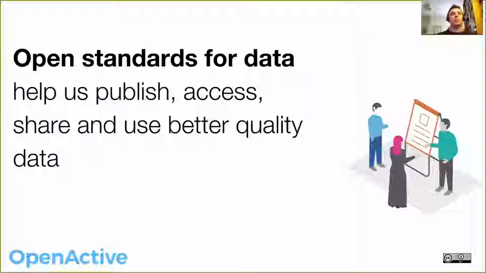Without that, we would be struggling to deal with many different data formats and different data models that are based on decisions that people have made about how to build their own systems. And what we're trying to move towards is a world where the community has come to some agreement about the best way to publish and structure data so it can be useful for as many people as possible.